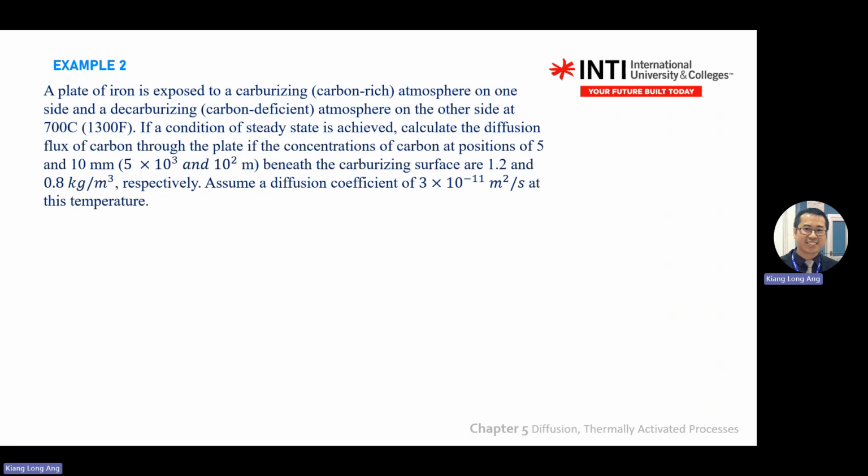The concentrations of carbon at positions 5 and 10 mm beneath the carburizing surface are 1.2 and 0.8 kilogram per cubic meter. Assume a diffusion coefficient of 3 times 10 to the power negative 11 m squared per second at this temperature.